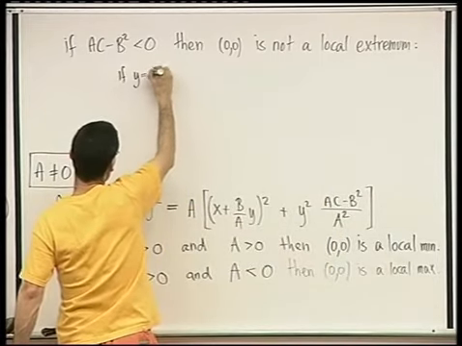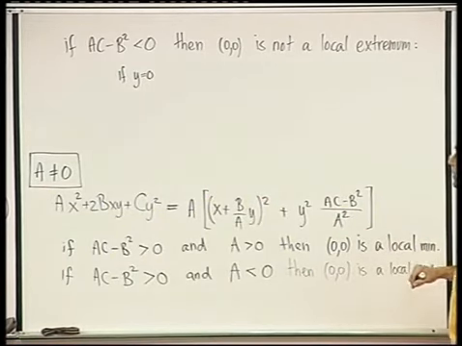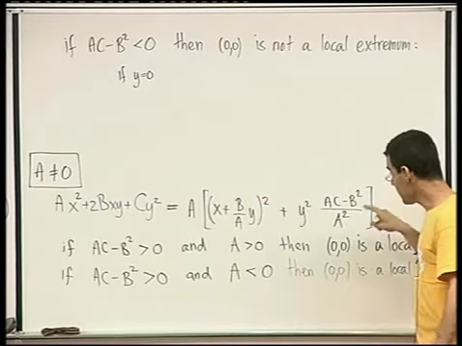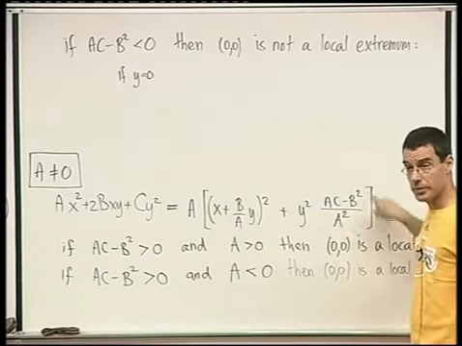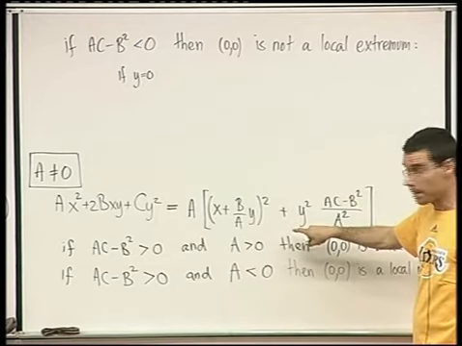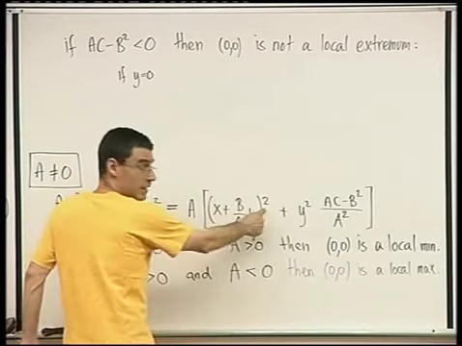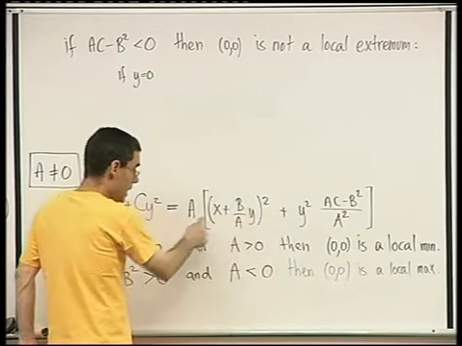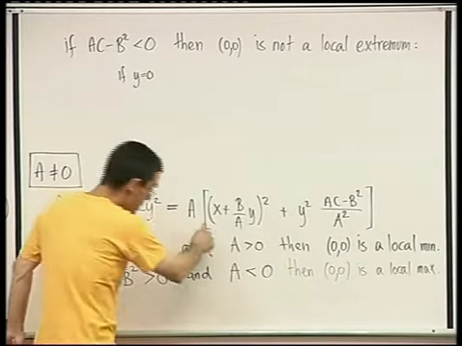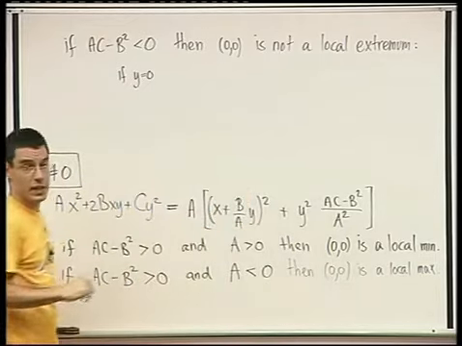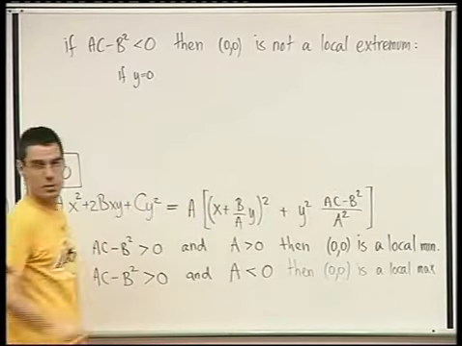Because if I look at points where y equals 0, what do I get? When y is 0, this entire thing vanishes. It's 0. Do you agree? And this thing is non-negative, because I'm squaring it, and I'm multiplying it by a. So the entire thing depends on the sign of a. If a is positive, the entire expression is positive. If a is negative, the entire expression is negative.